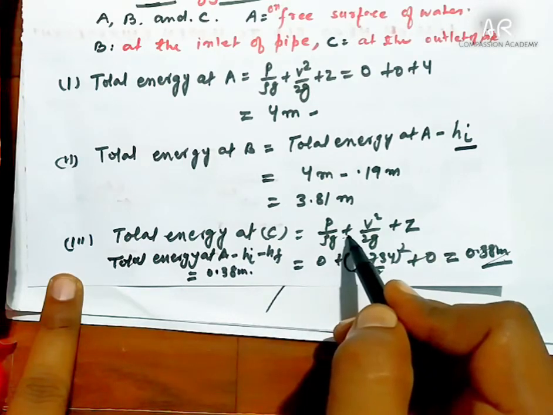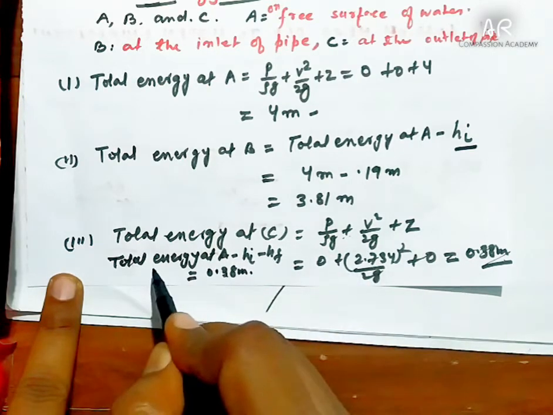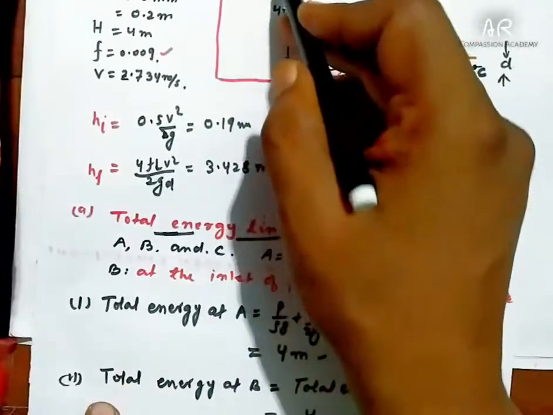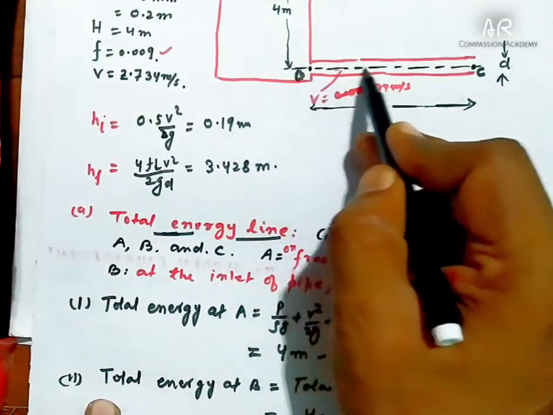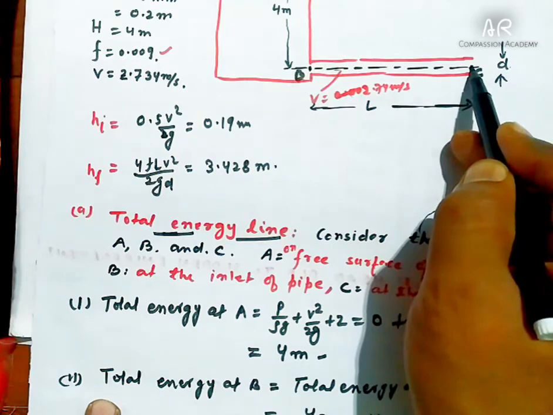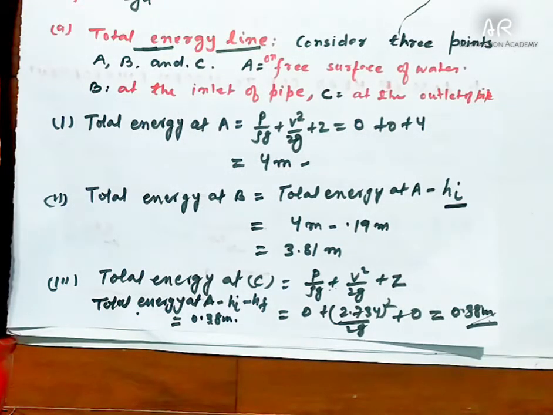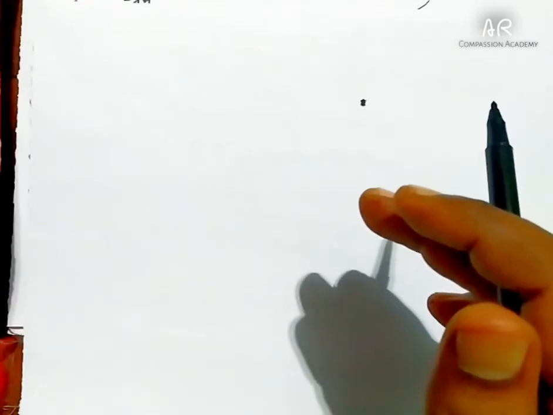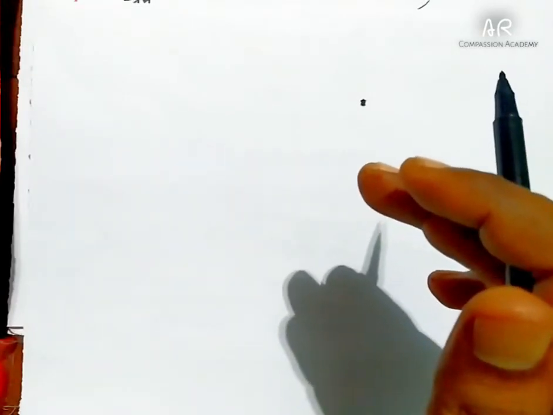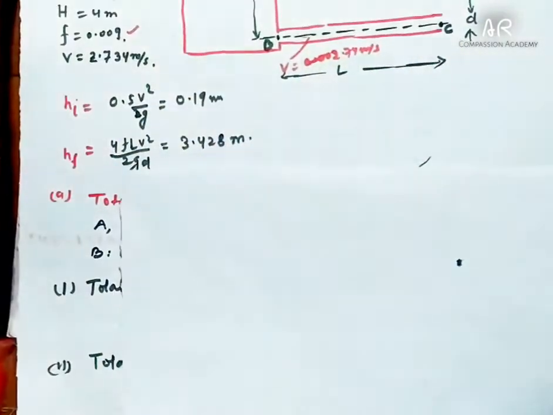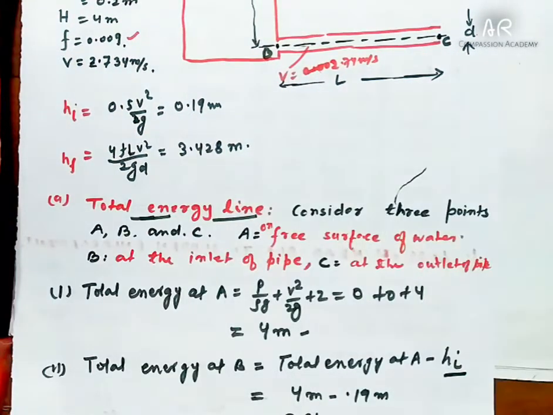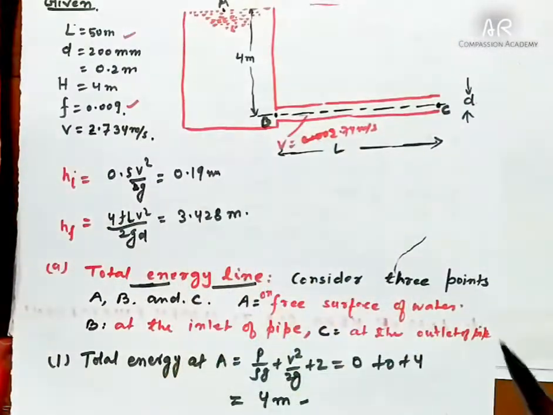So either we calculate like this, or total energy at A minus inlet loss minus frictional loss will give the energy at C. So we have calculated the energy at these 3 points. Now we will proceed further, and hence the total energy at A, we can see that total energy at A is 4 meter.